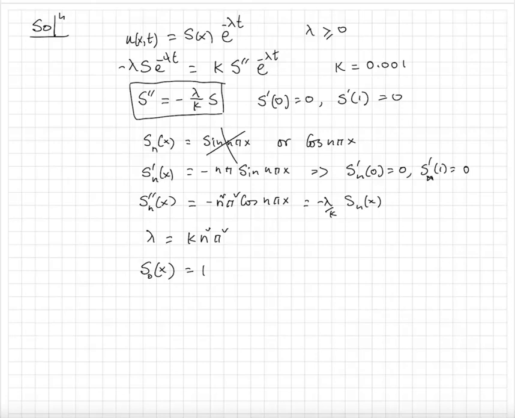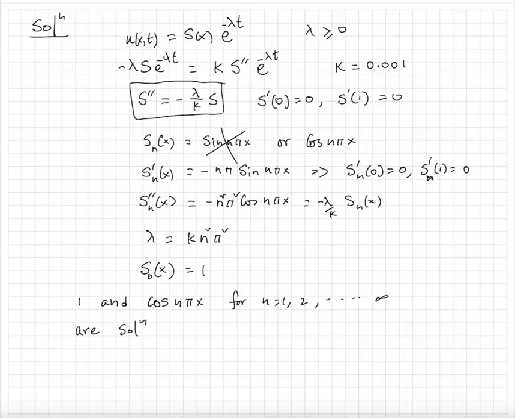Okay, so what is the summary here? By doing all those things, we can see that 1 is a solution, and cos n pi x for n equals 1, 2 up to infinity are solutions.